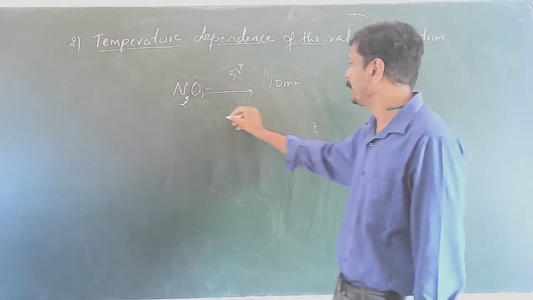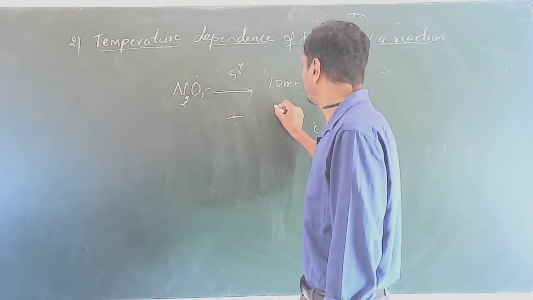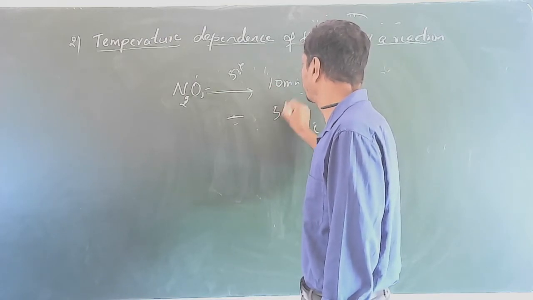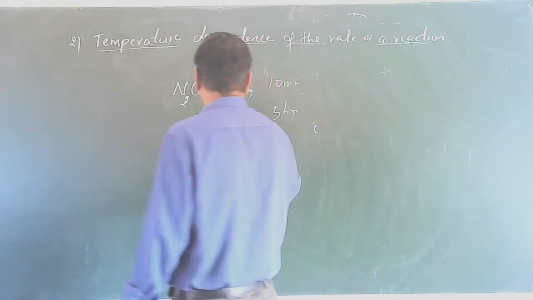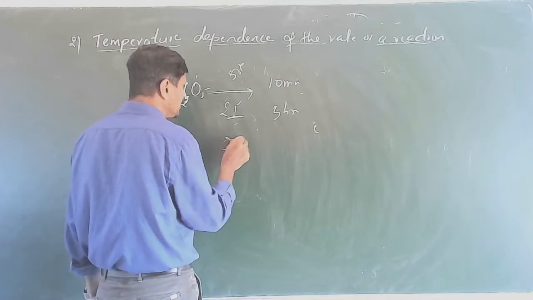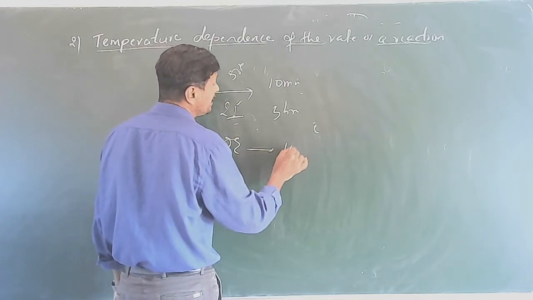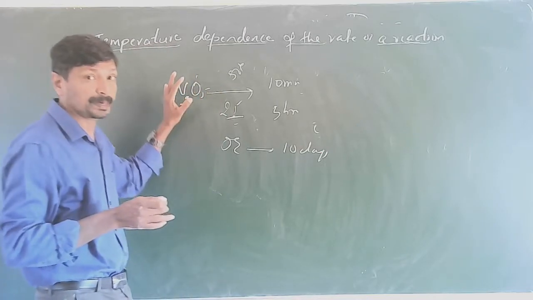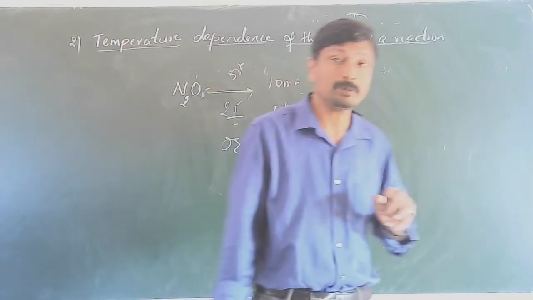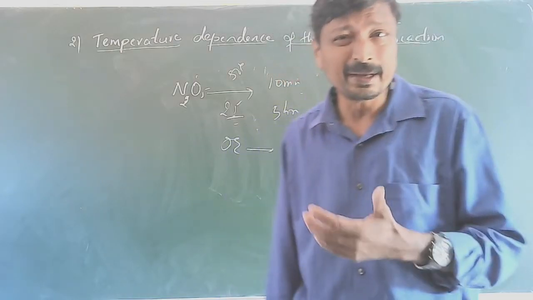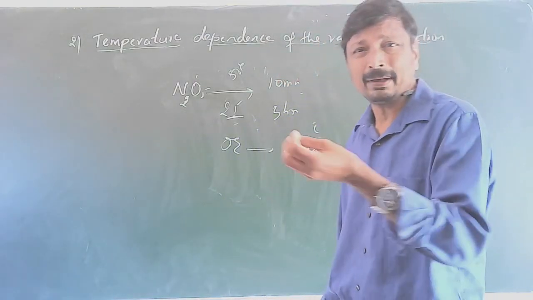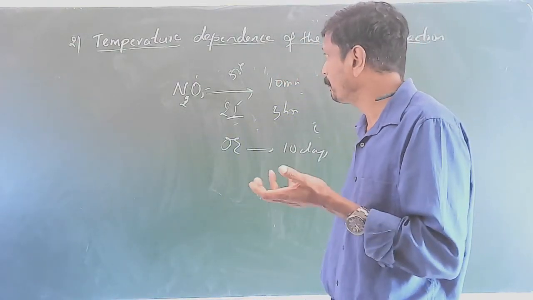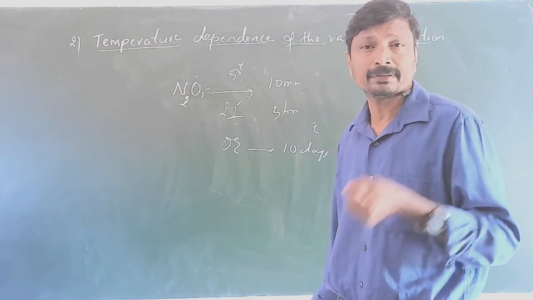At 25 degree, it is about 5 hours. At 0 degree centigrade, it takes 10 days half-life period. Same reactant, decomposition of N2O5. At 50 degree, the half-life period is only 10 minutes.